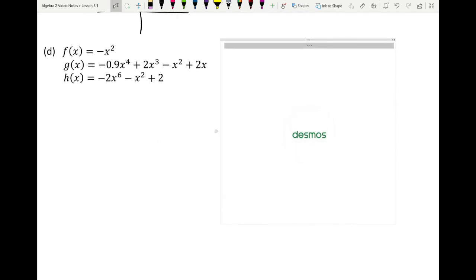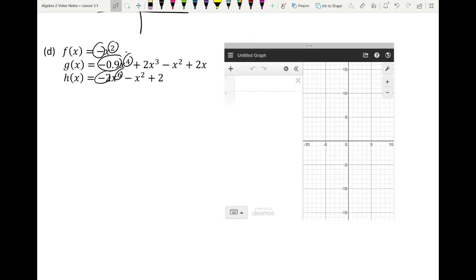So notice here, the degrees are even, but the leading coefficients are negative. So we have even degree, negative leading coefficient.